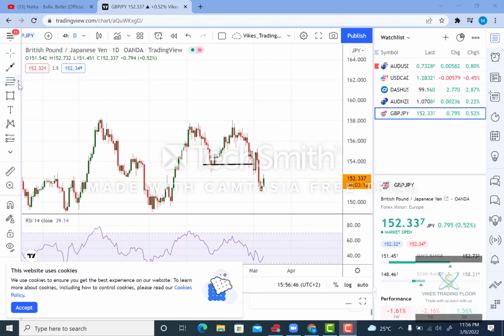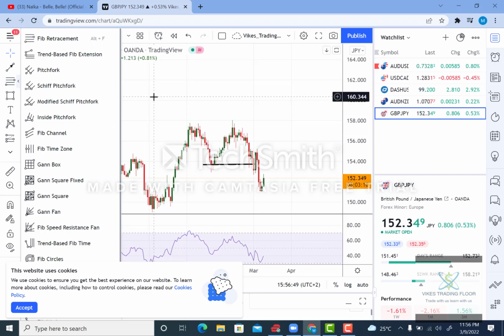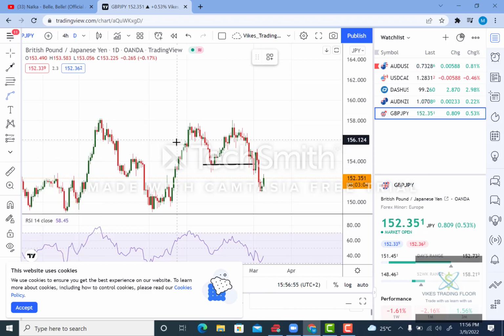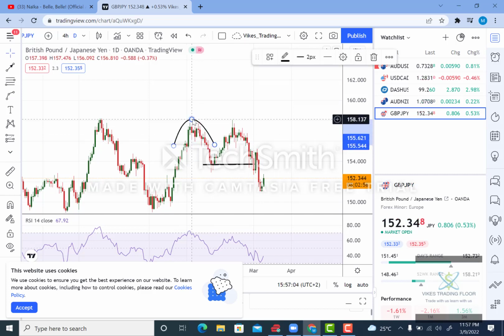So let's take this example. It had a clear one of my favorite patterns, the M pattern. An M pattern is a bearish reversal pattern. This is a pattern that happens after a bullish run, when the market wants to reverse.